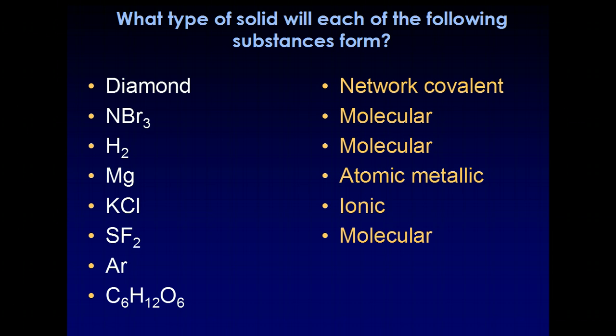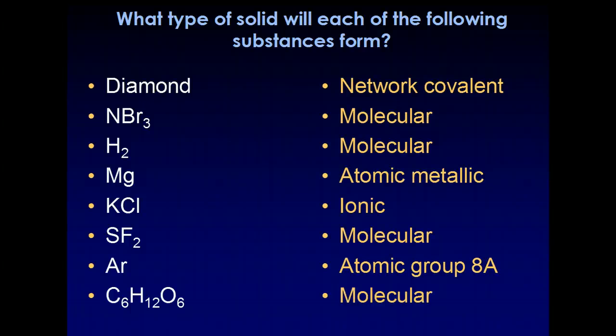Argon is an atom, and so we would see it be atomic, but we will see it be part of group 18, the noble gas atom solids. And finally we have glucose, C6H12O6, and that one is held together by covalent bonds, and so it too will be molecular. If you need to pause at this point, please do so.